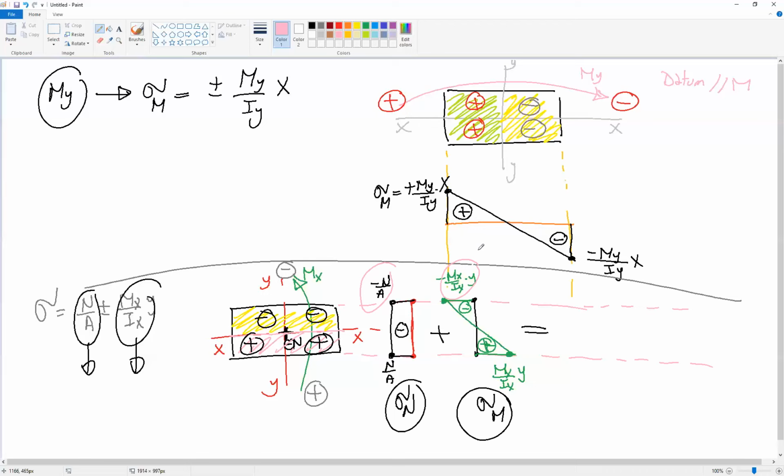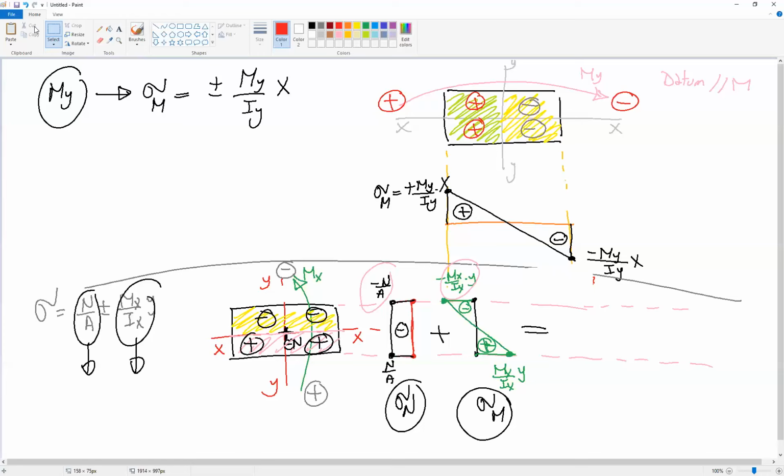The first probability is if N divided by A is larger than Mx/Ix multiplied by y.